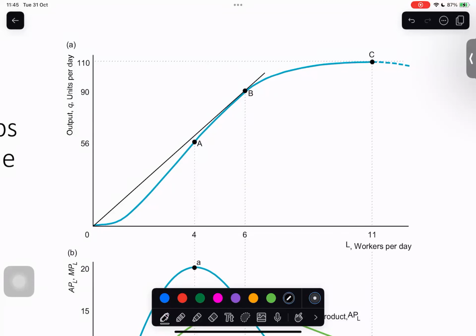We have worker L here. We have cookies Q, output. We look at the relationship between output received and input used. Here, we cannot do anything with capital, right? Capital is fixed at 8.